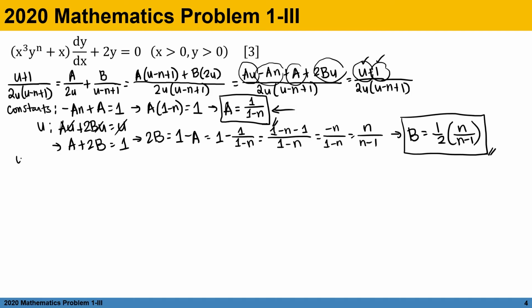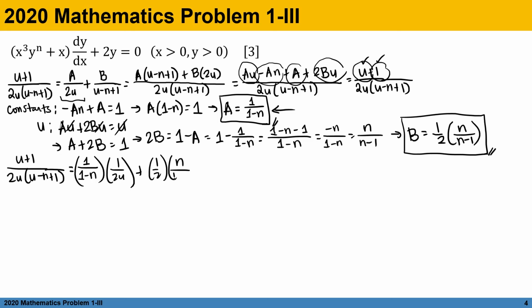Therefore, we have (u plus 1) over 2u times (u minus n plus 1) as A over 2u, so we have 1 over 1 minus n times 1 over 2u. And then we have B, 1/2 of n over n minus 1 times 1 over (u minus n plus 1). And then we can perform integration.